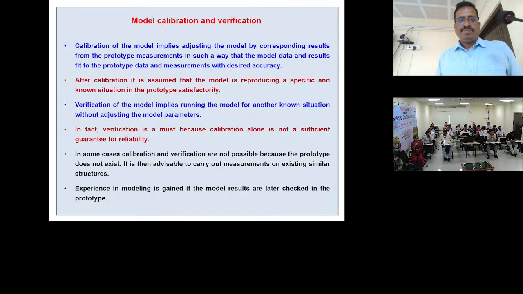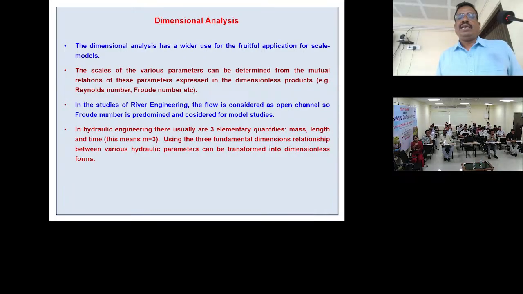In some cases, calibration and verification are not possible because the prototype does not exist. It is then advisable to carry out measurements on existing similar structures. Experience in modeling is gained if the model results are later checked in the prototype. After checking the prototype, we can gain the experience of the modeling. Dimensional analysis.